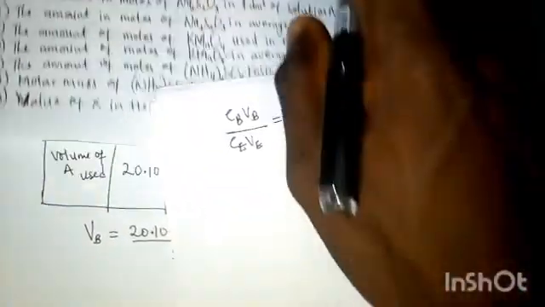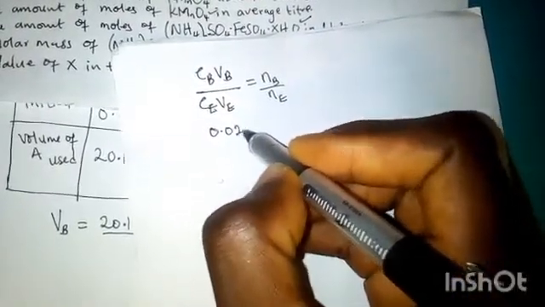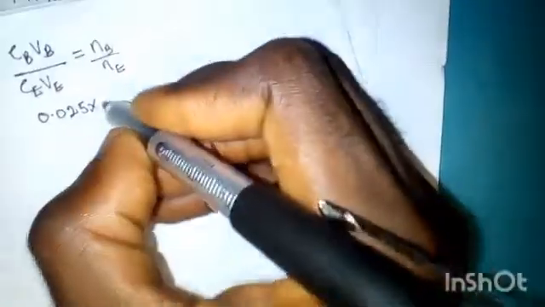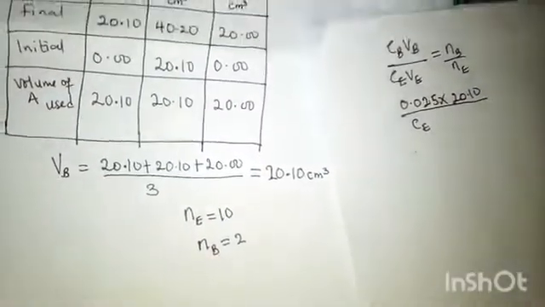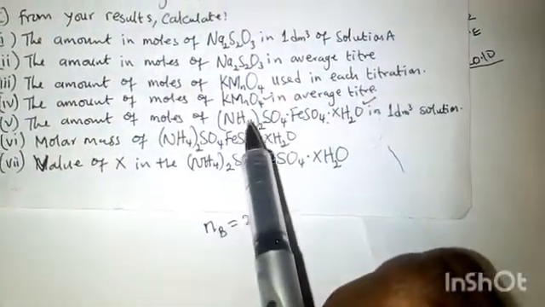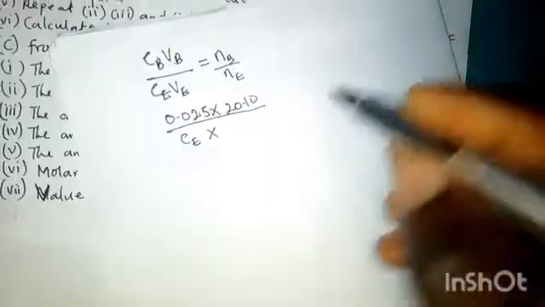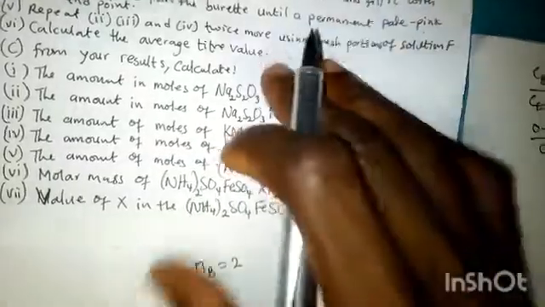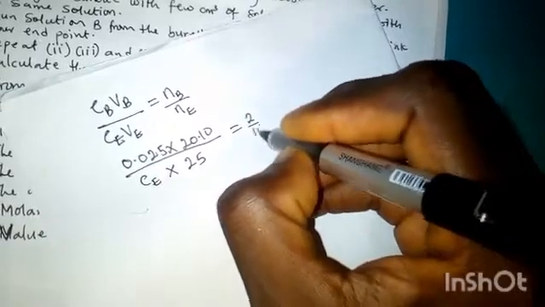So CB is the concentration of KMnO4, as we all know, to be 0.025, times VB, which is the average titer, 20.10, all over CE, which is the number of moles in 1 dm cube of this particular solution E. Then VE is going to be 25. NB is 2, and the other is 10, so we have 2 over 10.